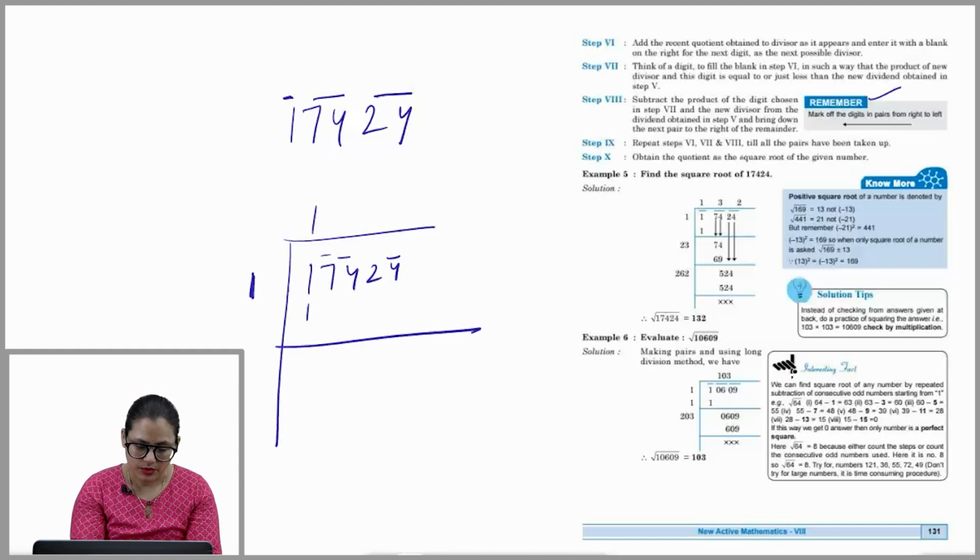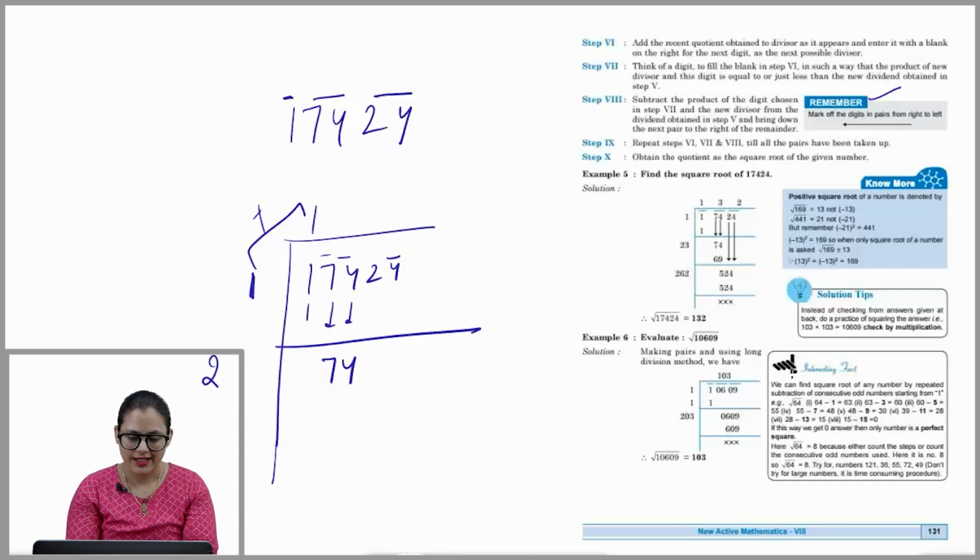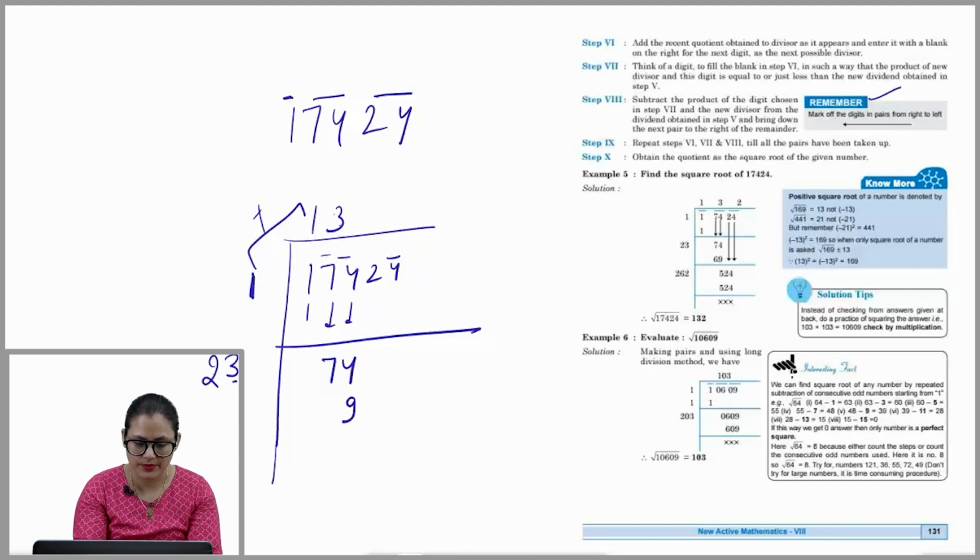Then we will bring down 74. We will add these two numbers. 1 plus 1 is 2. Now 20. Make sure the number here and here should be the same. 3 3s are 9. 3 2s are 6. So the remainder is 5. Now we will bring down 24.